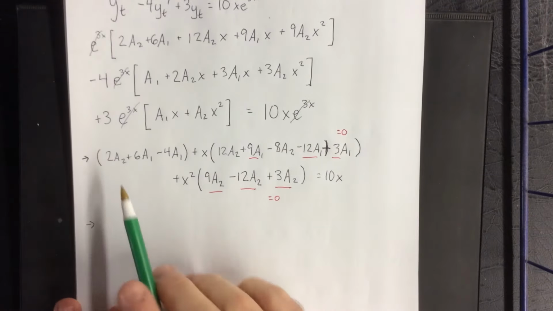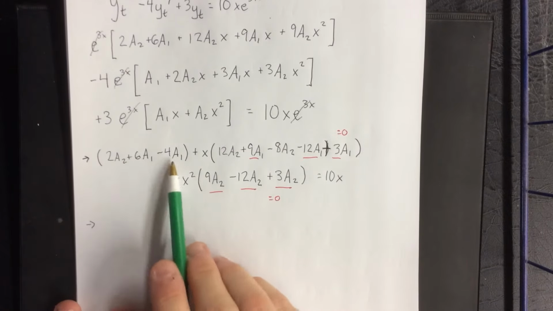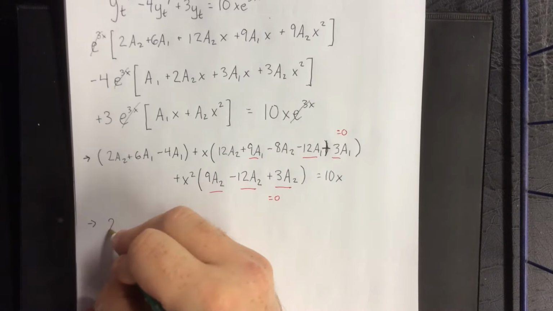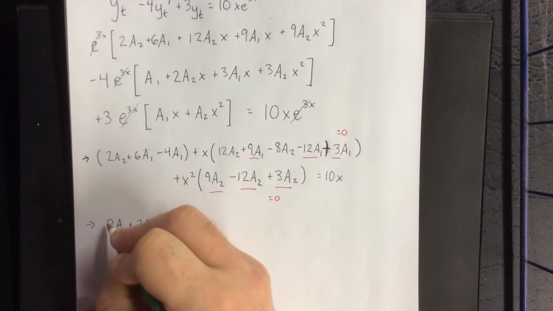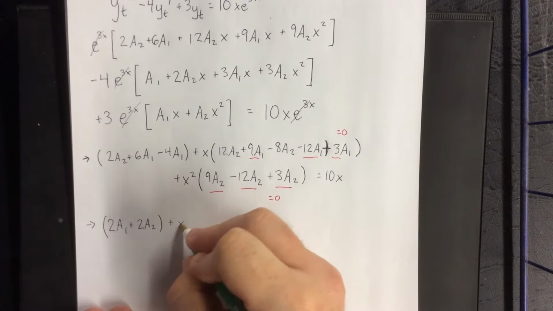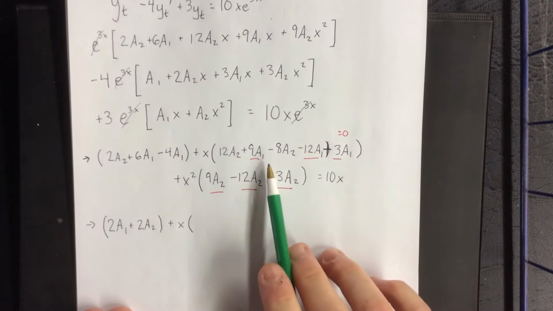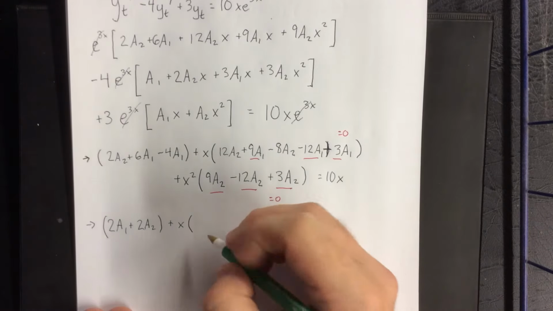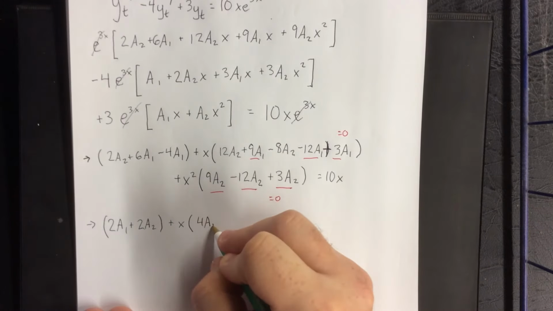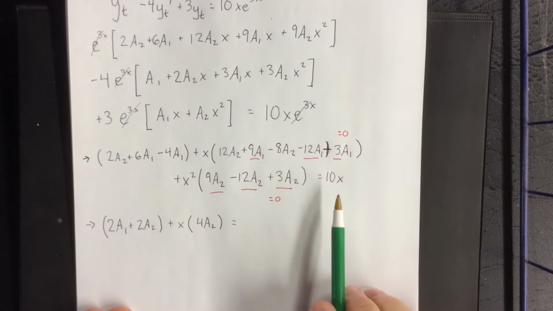As far as the constant terms are concerned, we have a 2a2, and when we combine these like terms together, we'll have a 2a1. So 2a1 plus 2a2, that's our constant term. Plus x times, we were able to get the a1s to cancel out here, so we'll have 12a2 minus 8a2. That'll be 4a2. This all is equal to 10x.